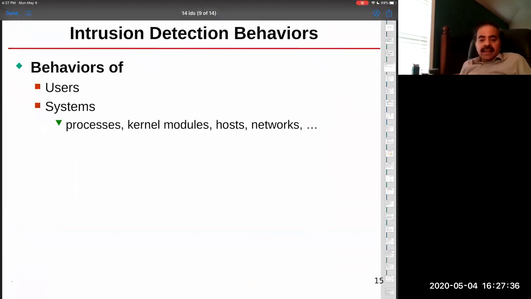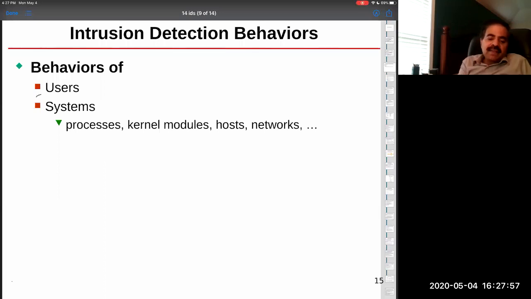So the second thing when you talk about intrusion detection is, well, you're going to use learning or policies or patterns, but what exactly do these policies or patterns or behaviors deal with?